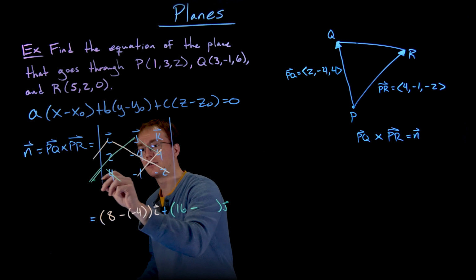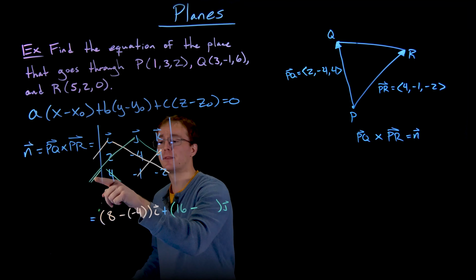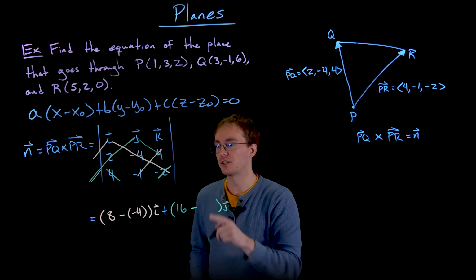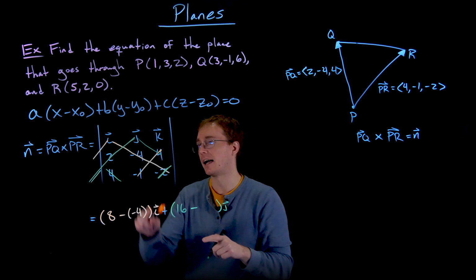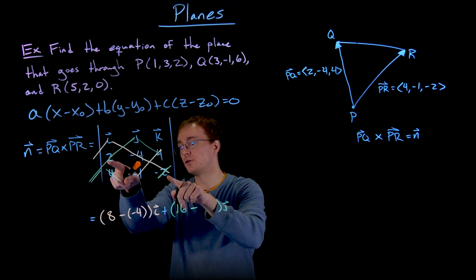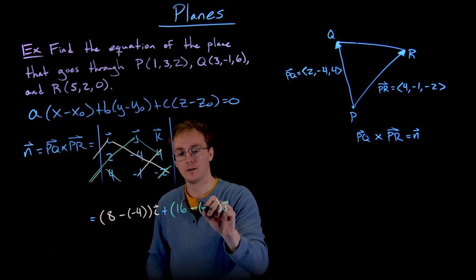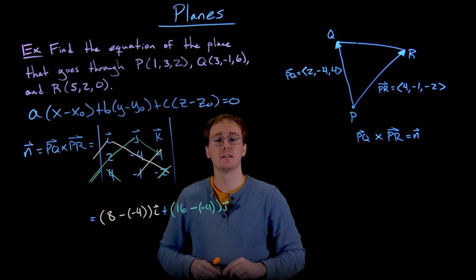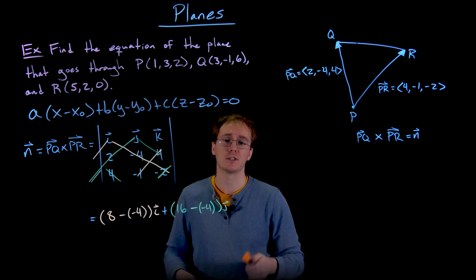And so that left diagonal that starts at j will hit 2, but then as we move down and to the left again, we're going to have to wrap around and eventually hit that -2 on the other side. So that left diagonal gives us 2 times -2, which is going to give us a -4 we have to subtract from 16 to finish computing our j, or second, component.